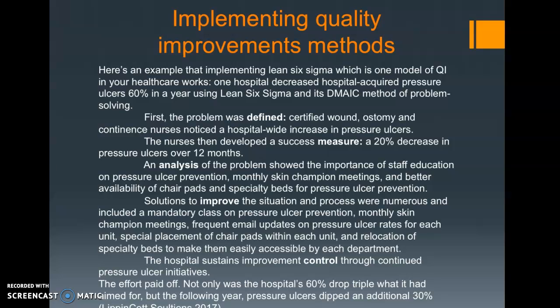The solution was to improve the situation, and the processes were numerous and included a mandatory class on pressure ulcer prevention. Also, they did monthly meetings and frequent email updates on pressure ulcer rates for each unit. They figured out special placements for the chair pads and the relocation of the beds to make them accessible for all the departments to use.